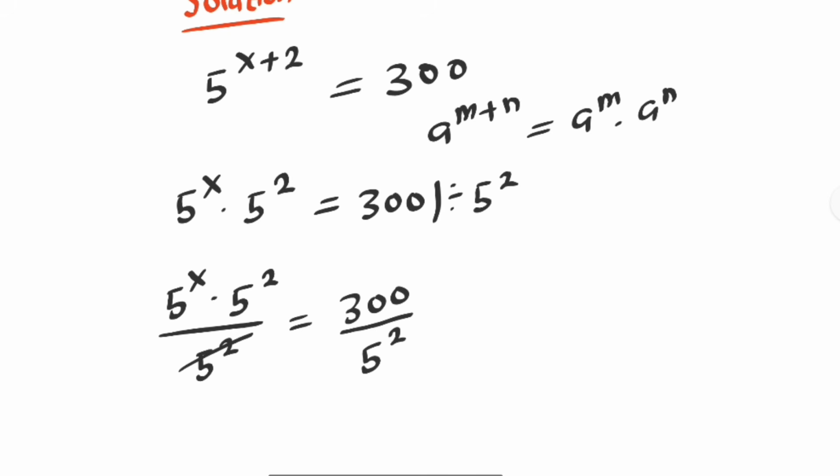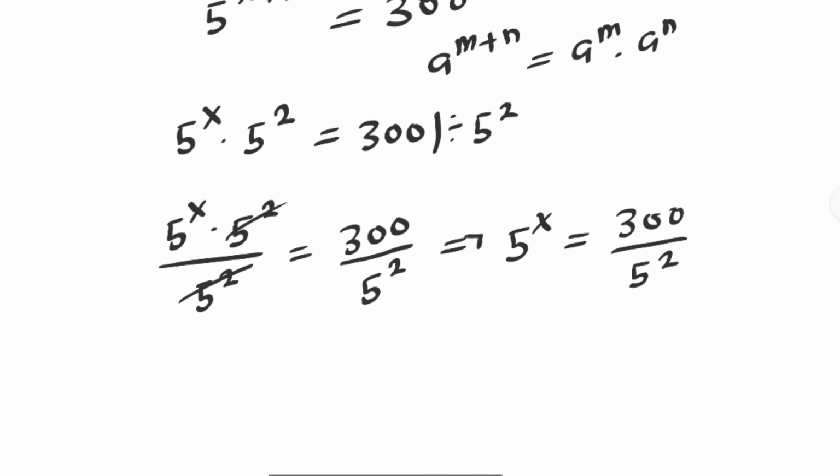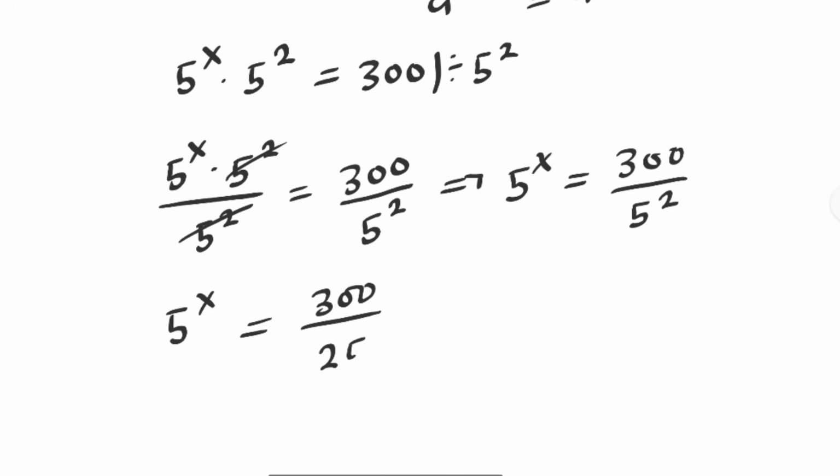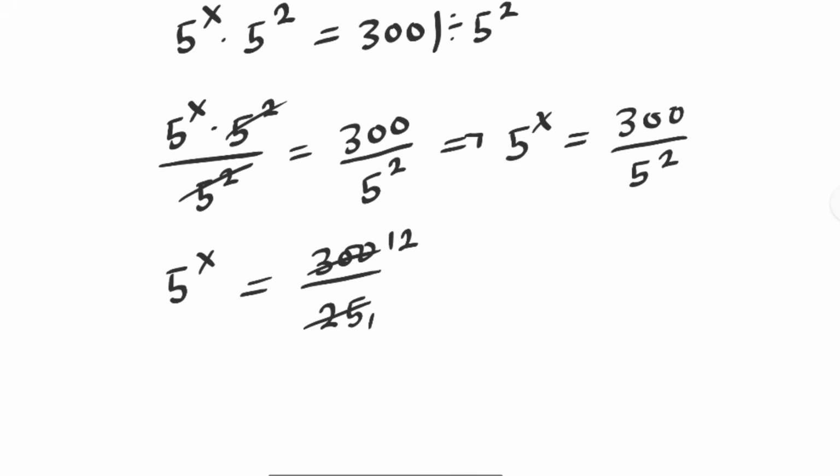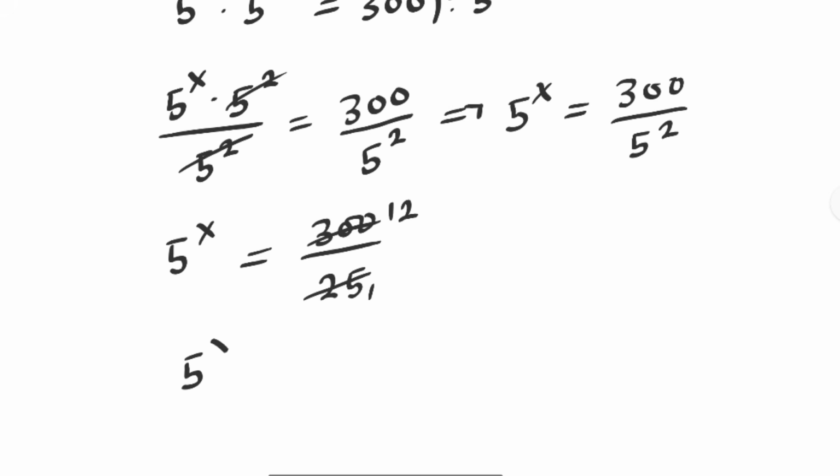Then this 5 squared cancels this 5 squared. 5 raised to power x is equal to 300 over 5 squared, that is 25. 25 here, 1; 25 here, 12. 5 raised to power x is equal to 12.